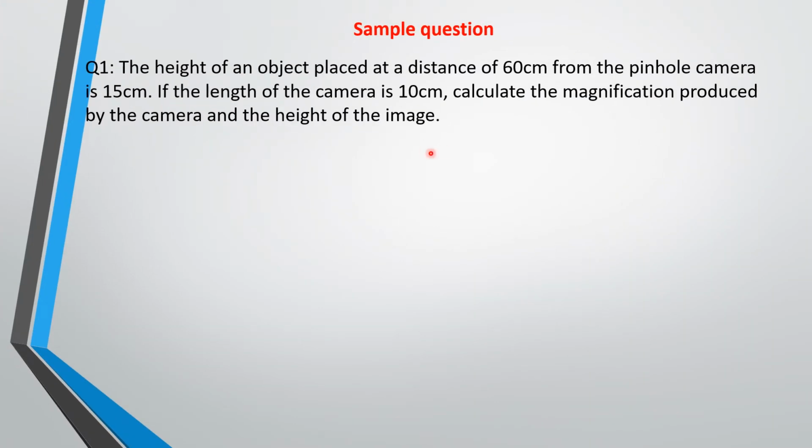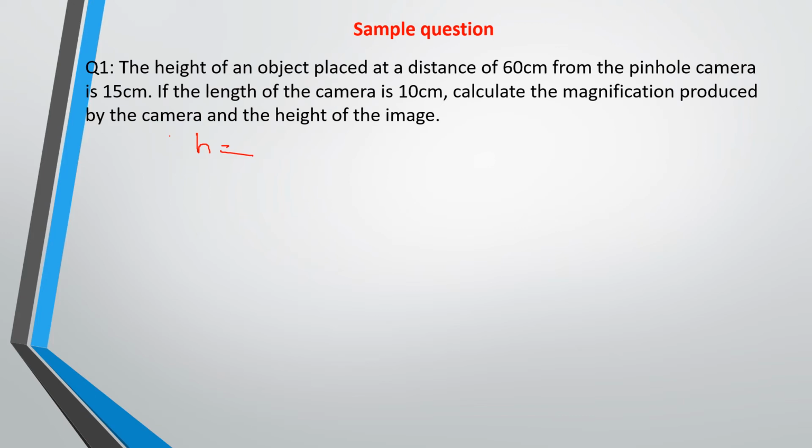So this is a sample question. It says that the height of an object placed at a distance of 60 centimeters from the pinhole camera is 15 centimeters. So let's look at that part first. I will represent object height with small h, while image height with capital H. So this is my object height, h.